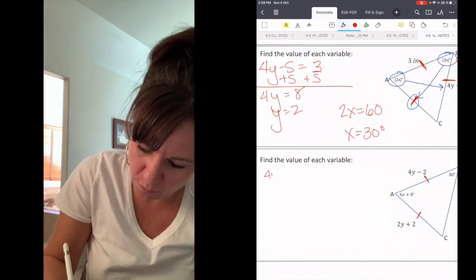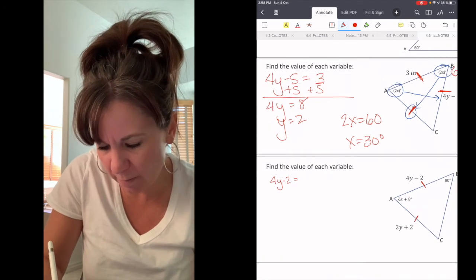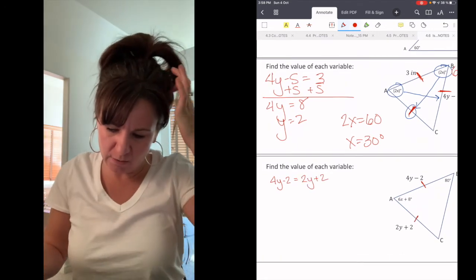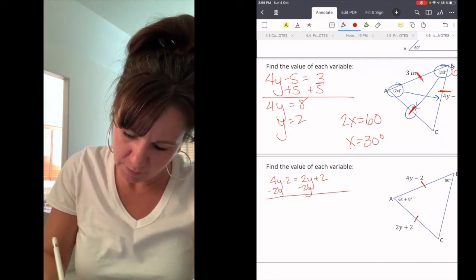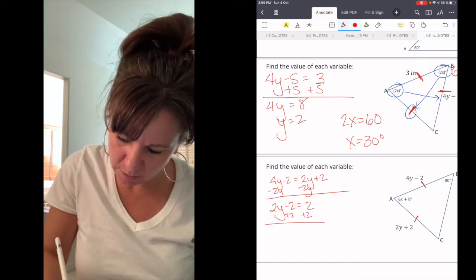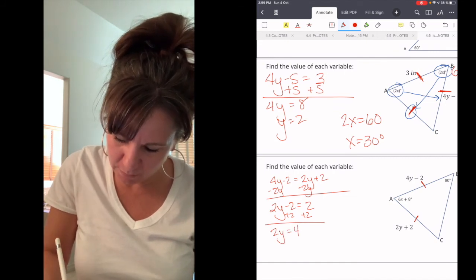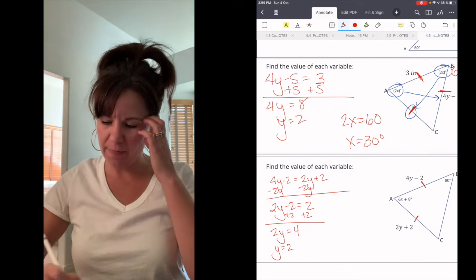So 4y minus 2, I know that that equals 2y plus 2. Now I can solve for y, so let's see. We'll subtract 2y from both sides. So we get 2y minus 2 equals 2. Add 2. 2y equals 4. Divide both sides by 2. So y equals 2. I've got that.